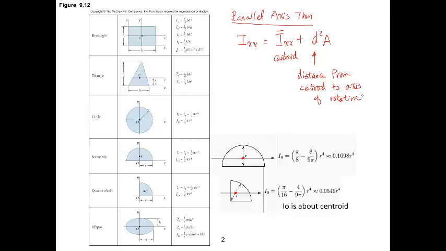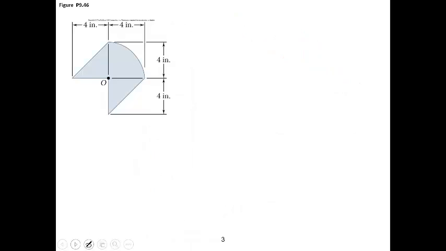So this is a way that we can identify our moment of inertia rotating about anywhere. Let's take a look at an example and see how you can use the parallel axis theorem.